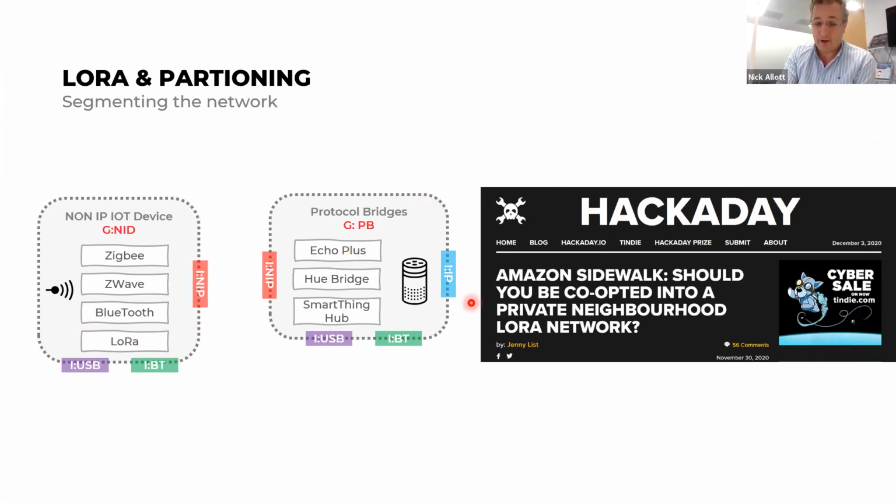It's not that dissimilar to the BT Wi-Fi guest networks that they've shoehorned into BT hubs. So you've got a new physical wireless tech, LoRa, which has some great functional qualities, but then a partitioned network, which again is interesting from a security perspective.